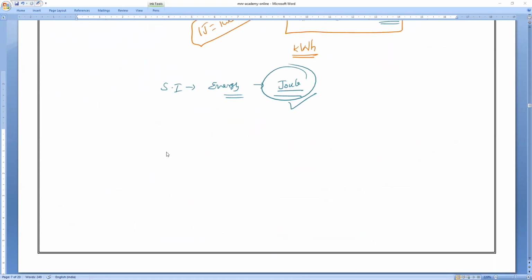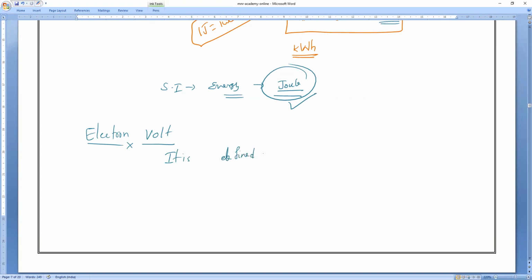Now observe very carefully. Write electron volt, all of you. It is defined as, it is only for electrical energy. What energy, everybody? Electrical energy.